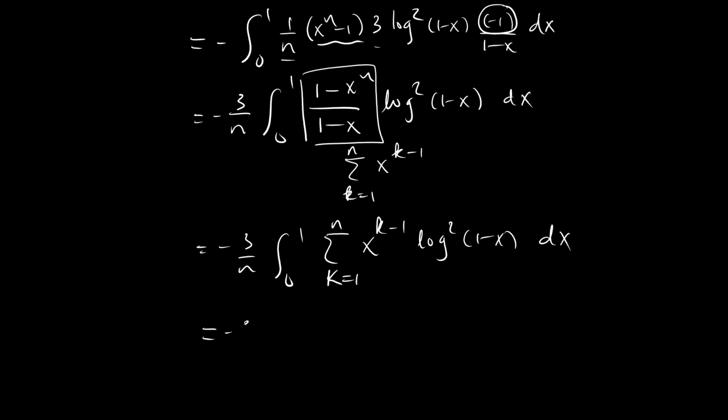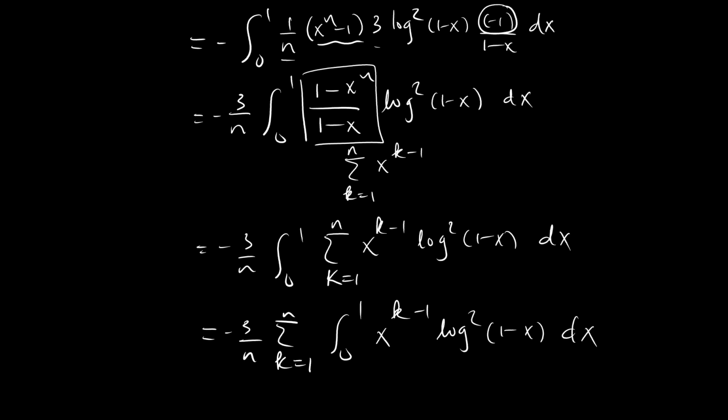So we have negative 3 over n, the summation from 1 to n of the integral from 0 to 1 of x to the k minus 1 log, okay, and we see that this part here is the same as Jk.